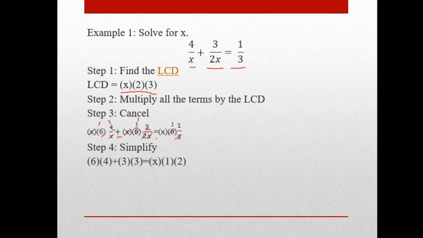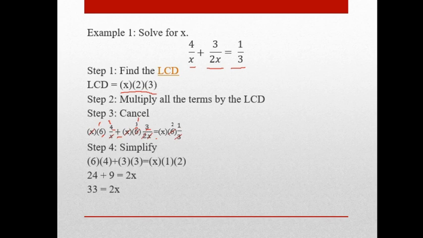So, simplify na natin. 6 times 4 plus 3 times 3 equals x times 1 times 2, or nagkabali-baliktad lang naman itong huli na to. Pero pag sinimplify natin yan, this will become 24 plus 9 equals 2x. So, pwede pa nating i-simplify yung 24 and 9. 24 plus 9 is 33 equals 2x.